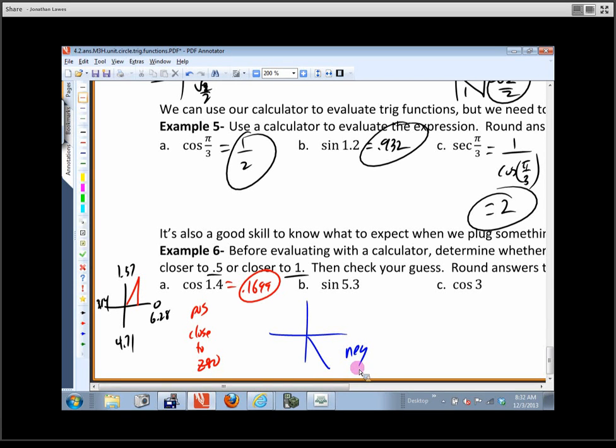Close to 1, close to 0, or close to about 1/2? I'd say somewhere in between. Okay, I'd say probably 0.5. It's not a really big negative y coordinate, and it's not a small y coordinate. Probably somewhere in between.